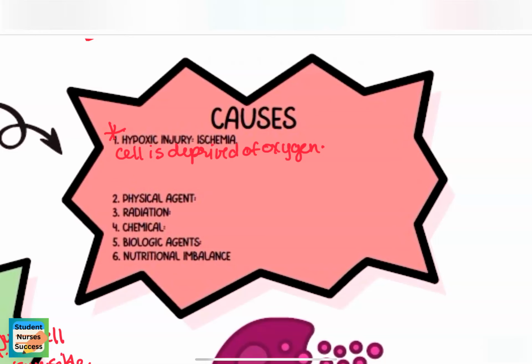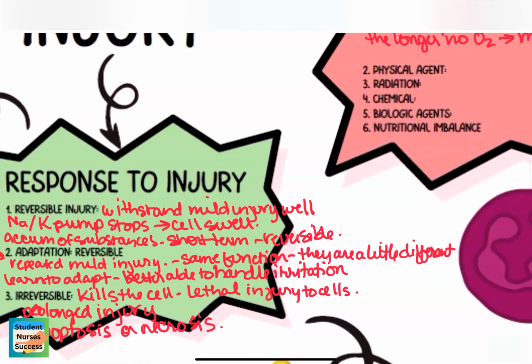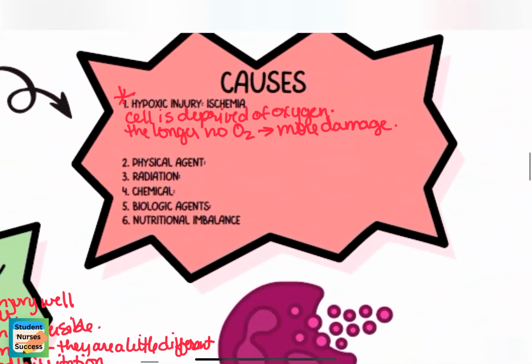And the longer it's deprived of oxygen, the more damage. If it's deprived for just a tiny bit of time and it's a mild injury, we actually might see reversible injury. But if it's a long period of time, then the cell's going to necrose and die.